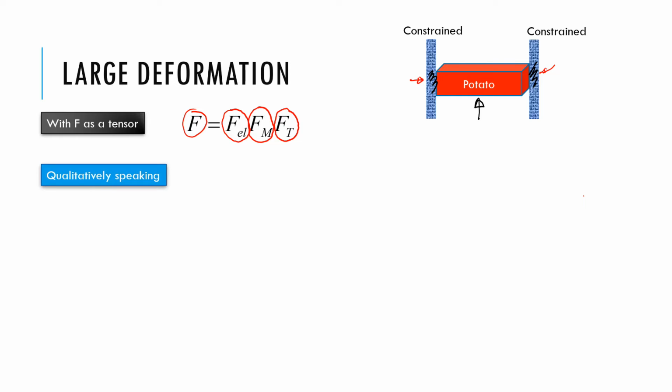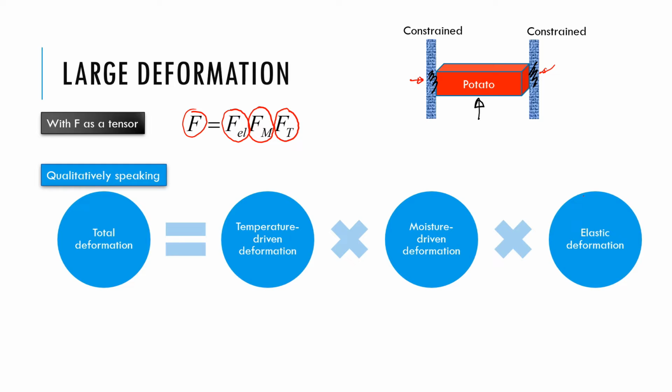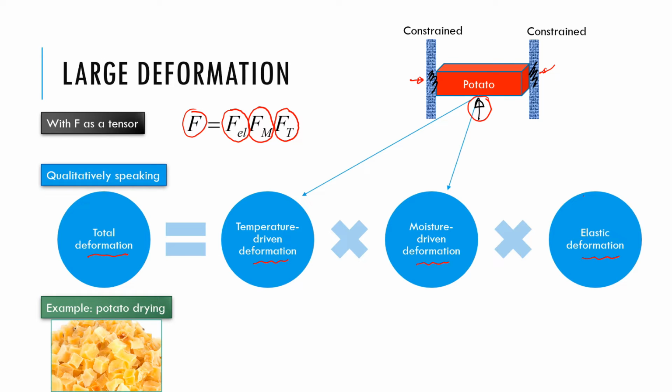So qualitatively speaking, then, we can think of it this way, very qualitatively, that the total deformation is temperature-driven deformation times moisture-driven deformation times the elastic deformation. And going further, for this example that we're just studying, the temperature-driven deformation is there and moisture-driven deformation is there. So let's consider an example of potato drying.